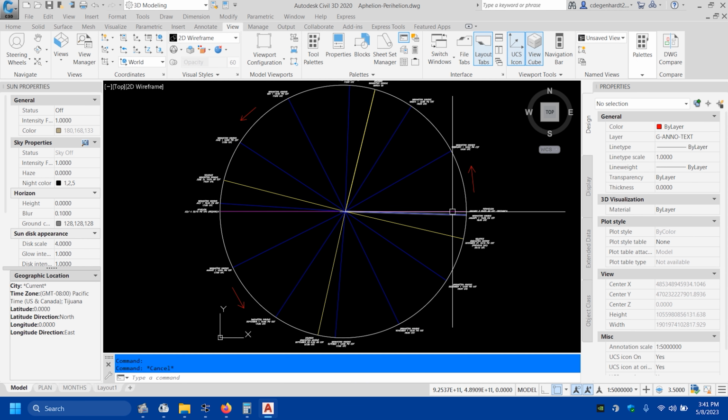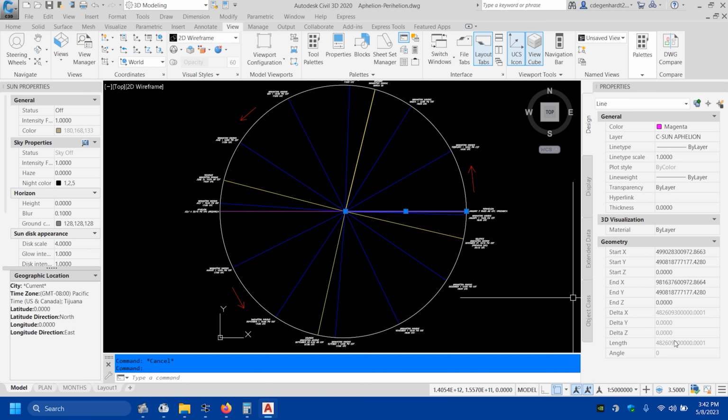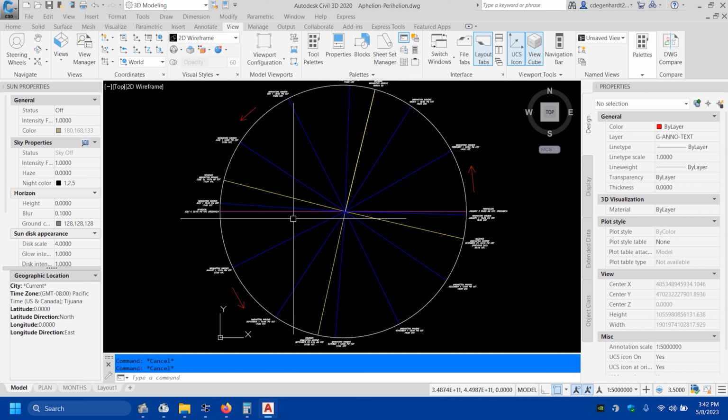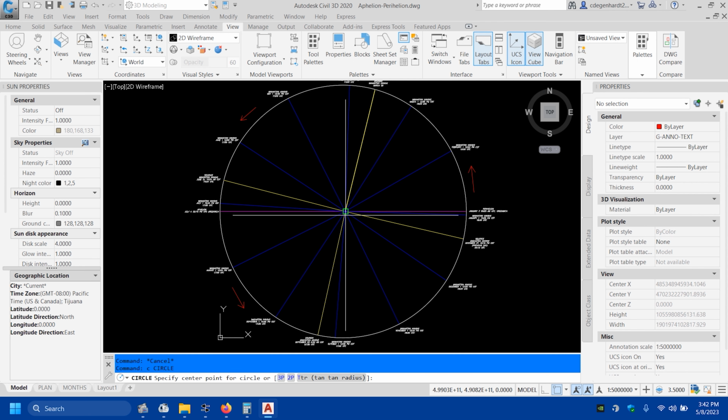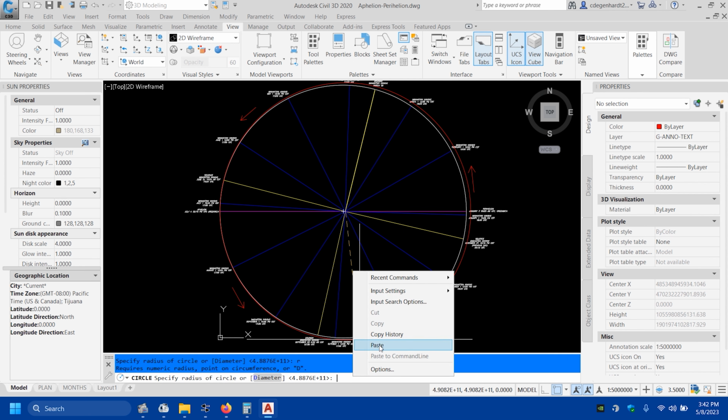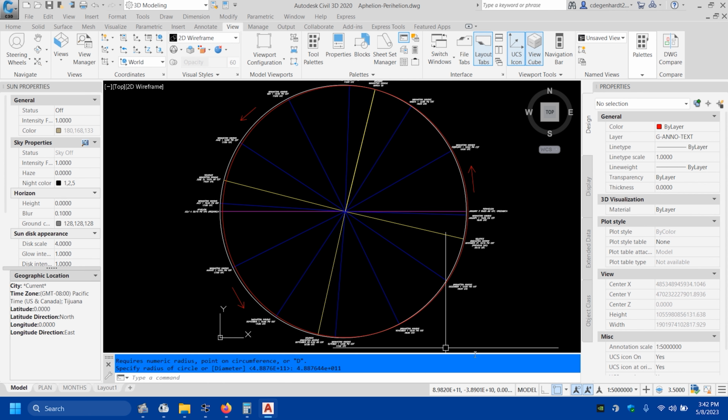This one is 91, divided by 5280, 91. So draw that circle, radius, paste it. Okay, so this is how I figure out where the location is for the equinox.